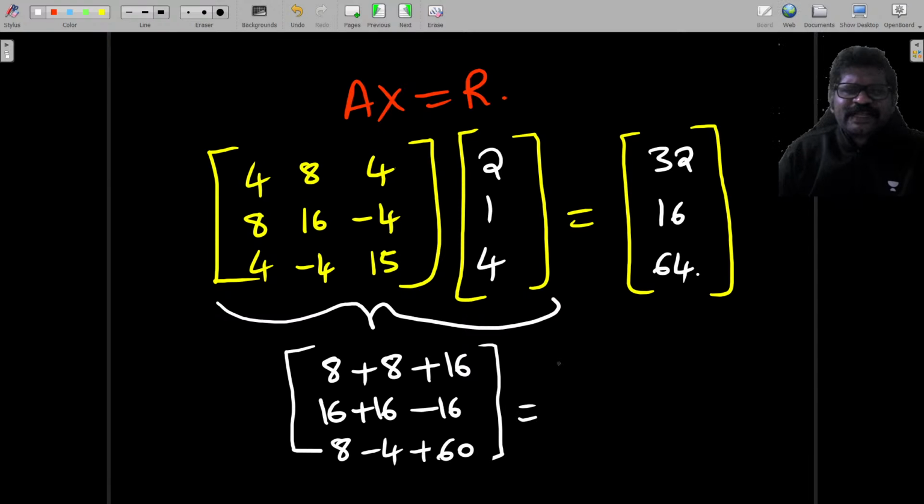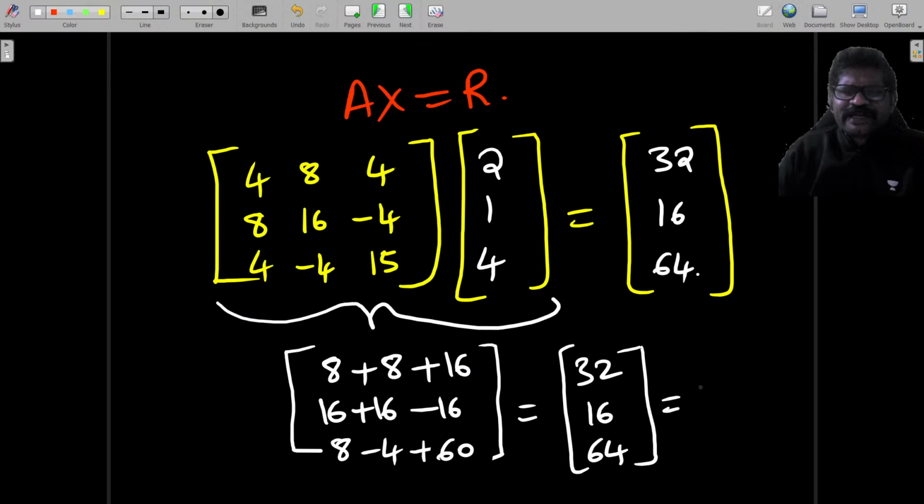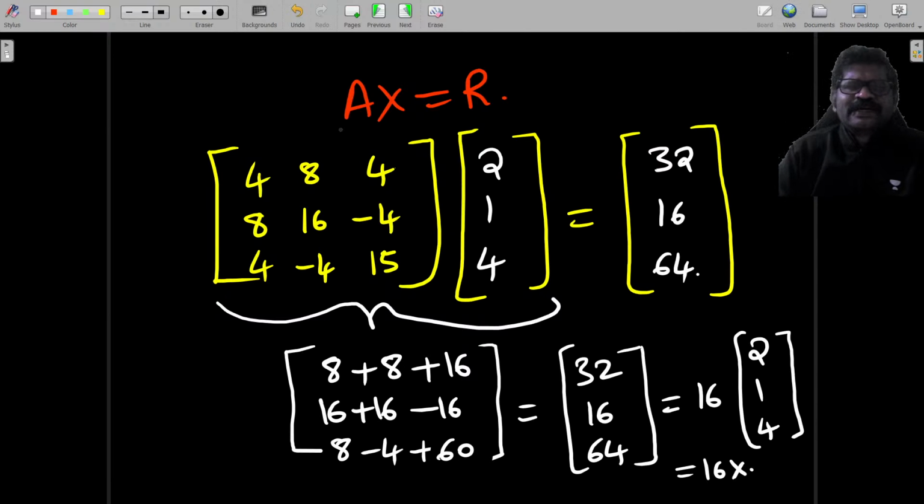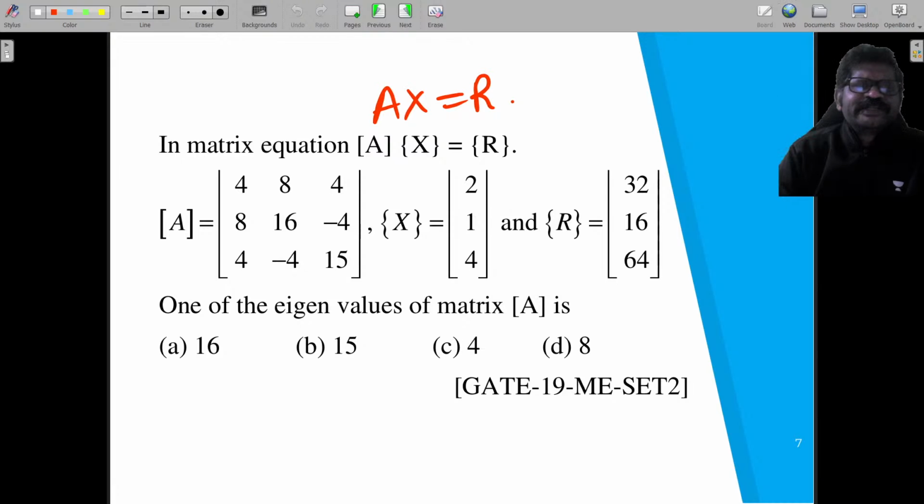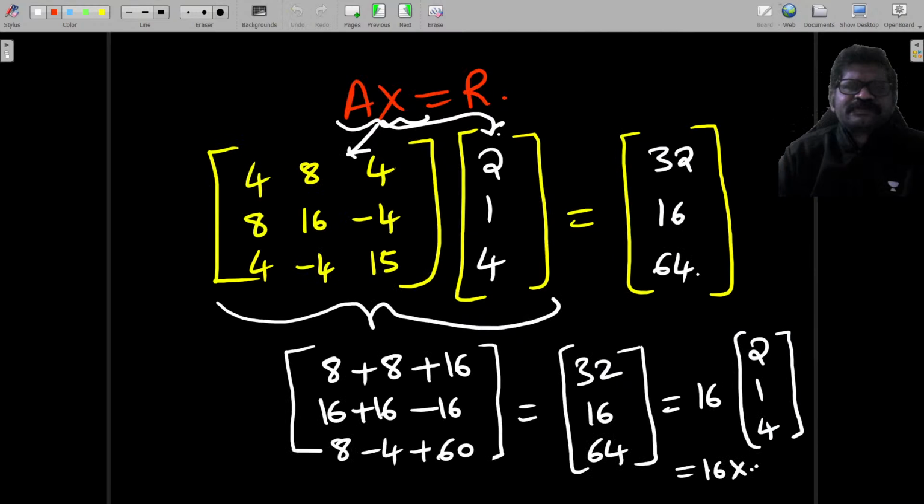Now, this is nothing but 32, 16, 64. That can be written as 16 of 2 1 4. It is in the form of 16x. Ax, this is A, this is x. Ax equal to 16x. Therefore, one of the eigenvalue of the matrix is 16. Understood?